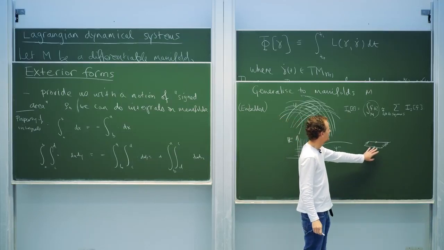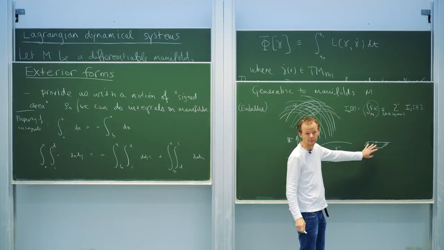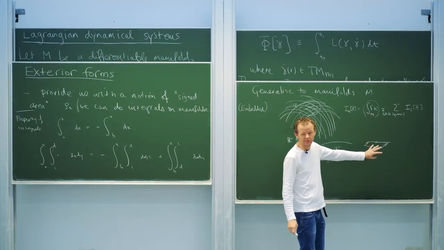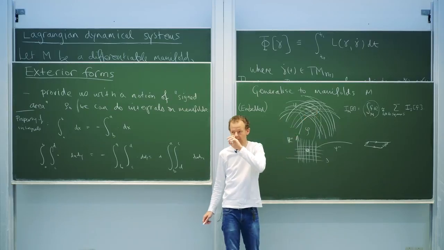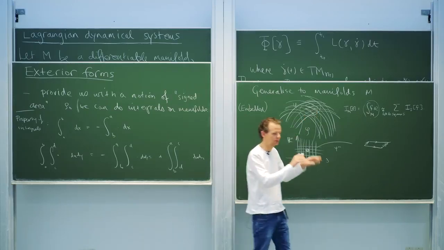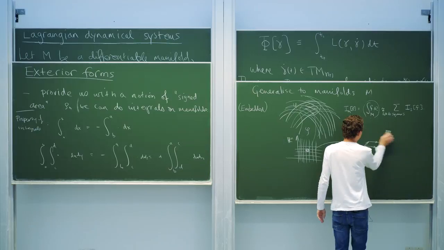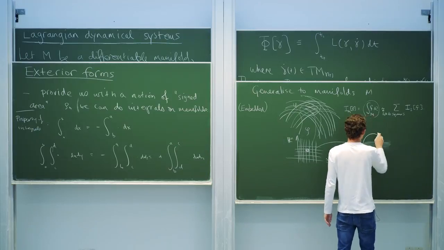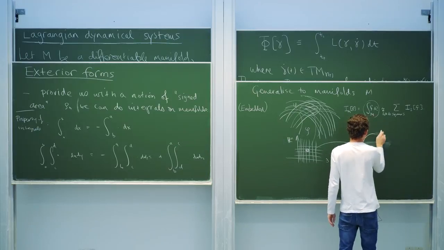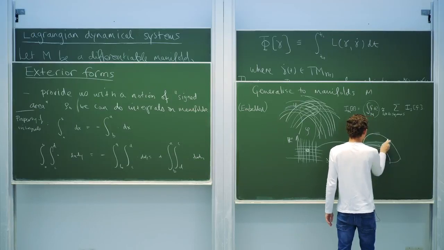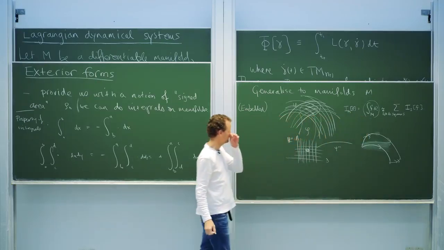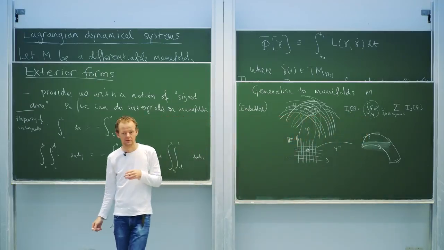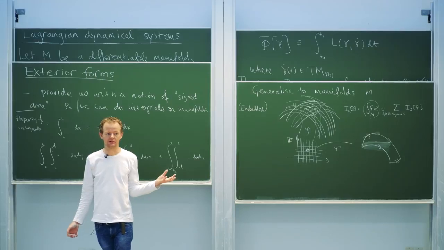And I've drawn it flat, but it's not even flat, right? This little square here, when it pulls back onto the manifold, is curved. It's a curvy parallelogram. So maybe I'll draw the picture slightly exaggerated. Now, that's not very much use for doing calculus if it's curvy.